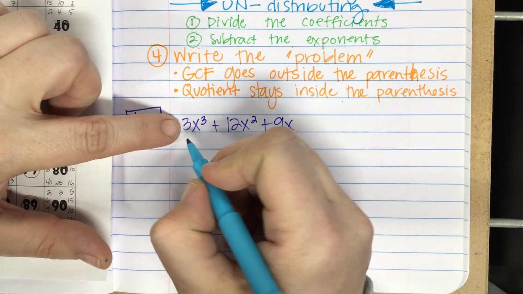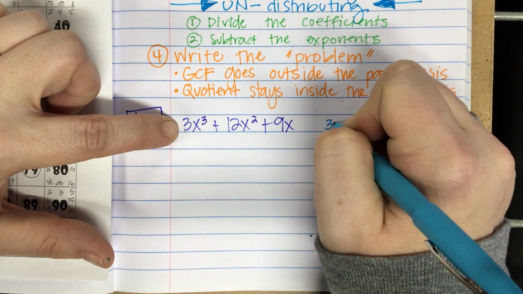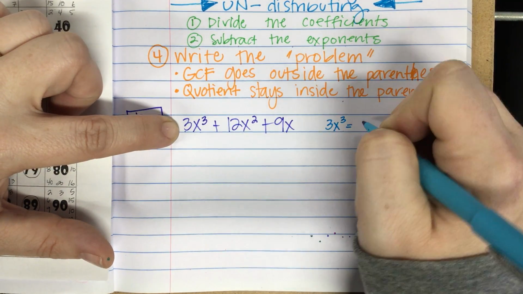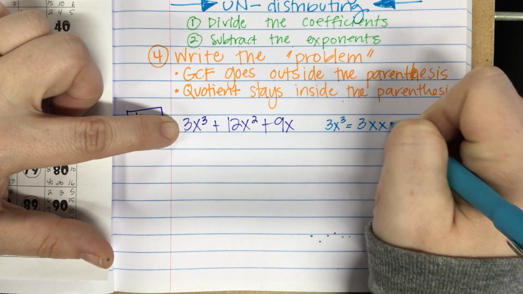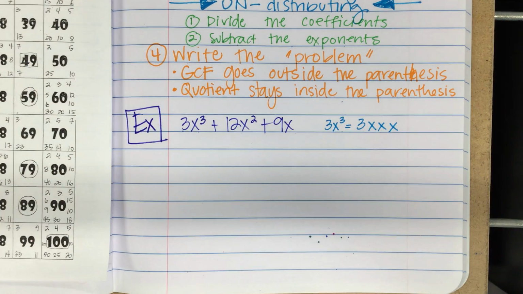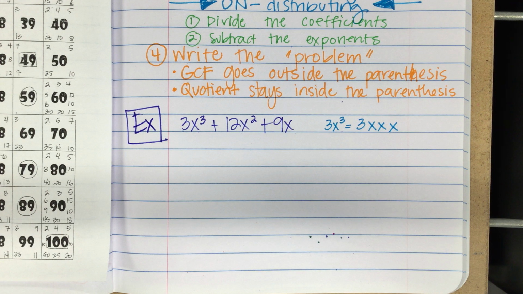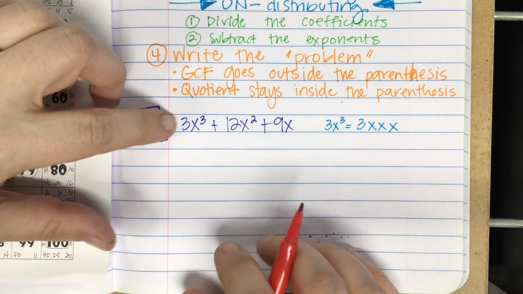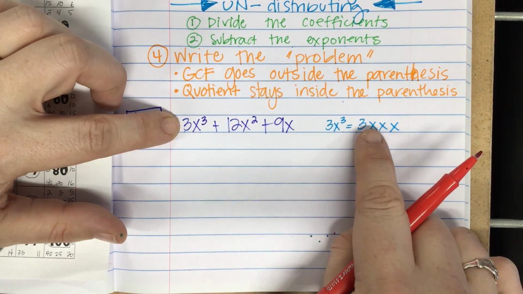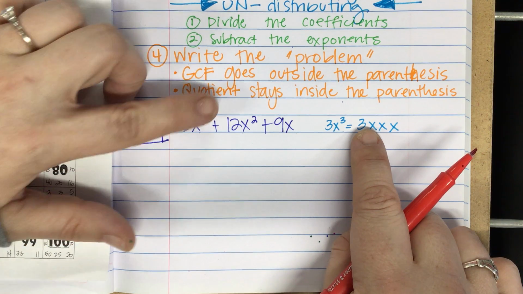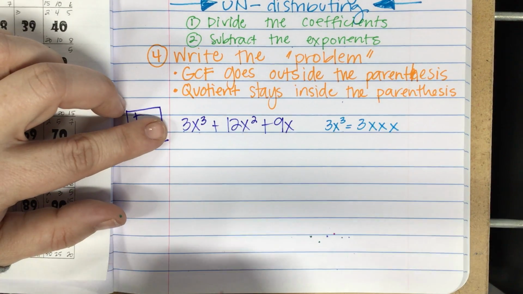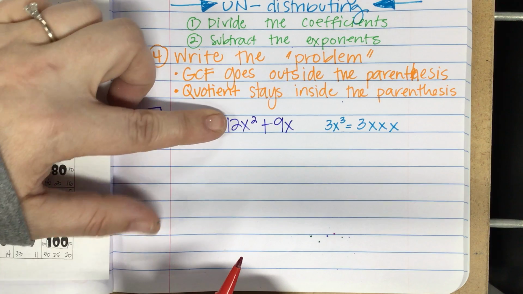Are you ready? 3x to the third is really 3xxx, correct? That's the prime factorization of that term. 3 is prime, can't be divided by anything. And x to the third is really xxx. However, 12 can be factored.